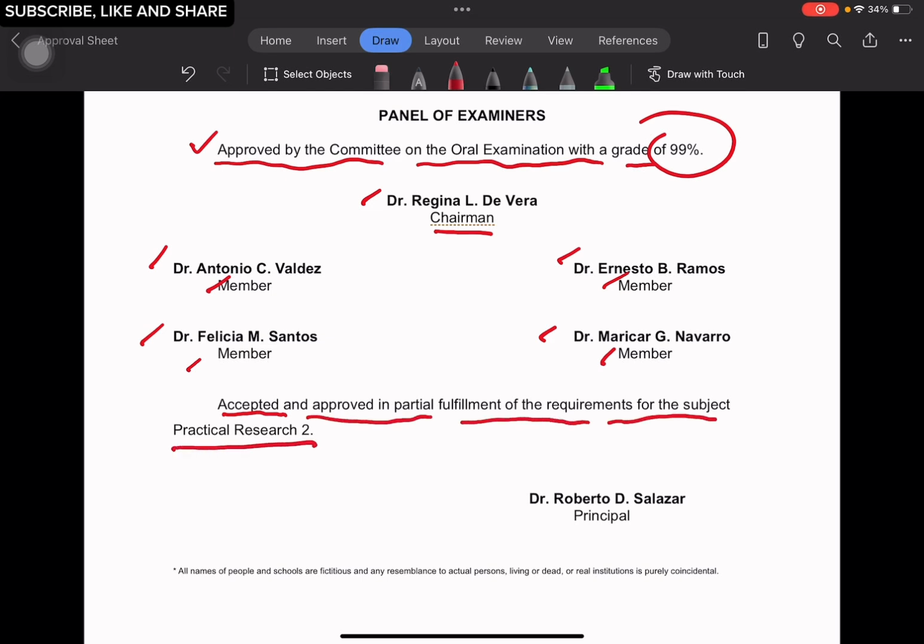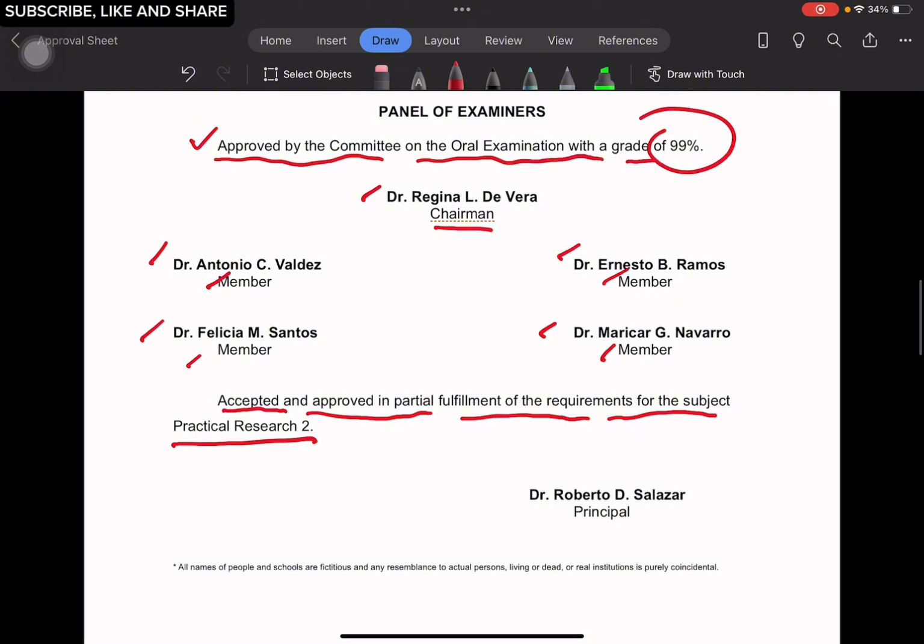This is again a variable depending on the subject or the course or degree where you are conducting your research paper or your study. And then the last part, since this is in the senior high school level, this should be the principal of that particular institution or school.